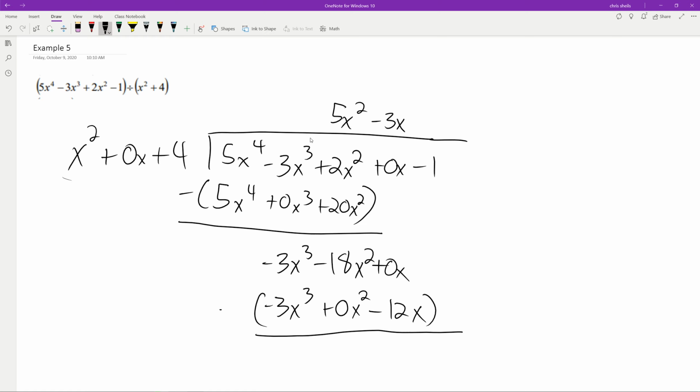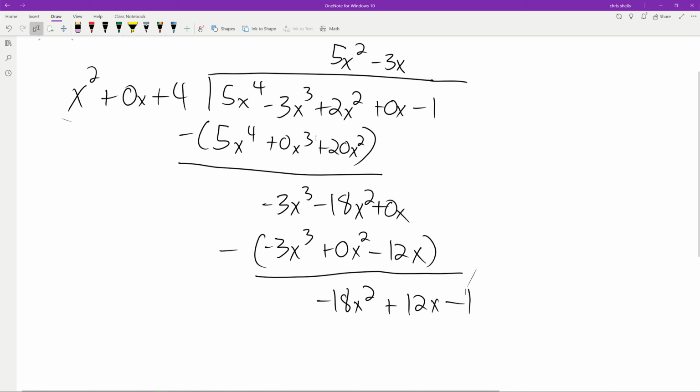Parentheses around this and I subtract. I get negative 18x squared plus 12x. I bring down this minus 1. X squared goes into negative 18x squared, negative 18 times. Negative 18 times x squared plus 0x plus 4 is negative 18x squared plus 0x minus 72.